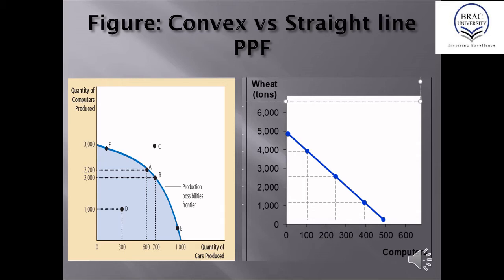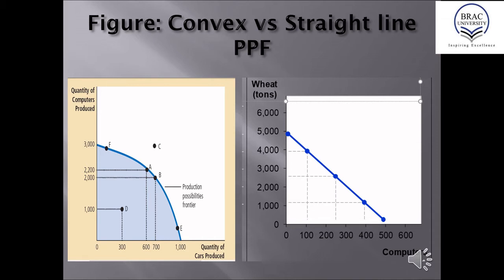So 1600 divided by 200 equals 8, which is the slope between point B and point E. I would request all of you to draw this on your own and find out the slope. So you see, between points A and B the slope is 2, and between points B and E the slope is 8. So moving down, the PPF's slope increases, and that is why we have a convex PPF here, because the slope continuously rises as we move along the PPF.